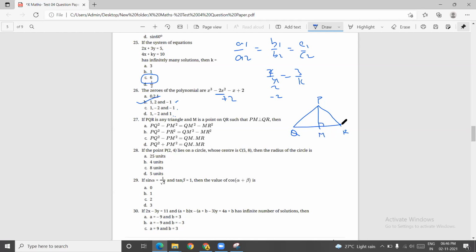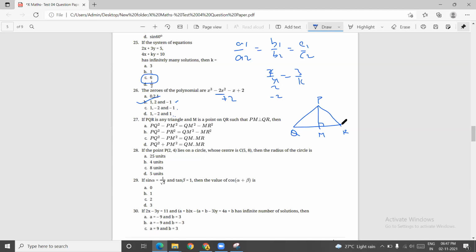Then PQ square minus PM square is equal to QM square minus MR square. With respect to PMQ, PQ is the hypotenuse. With respect to PMR, PR is the hypotenuse. The common side is PM. So which option can you consider as the correct option here?